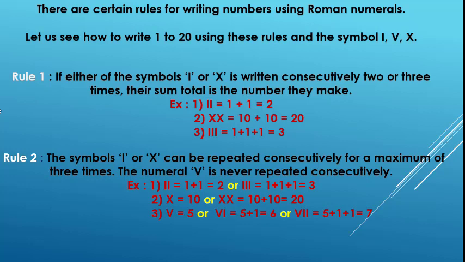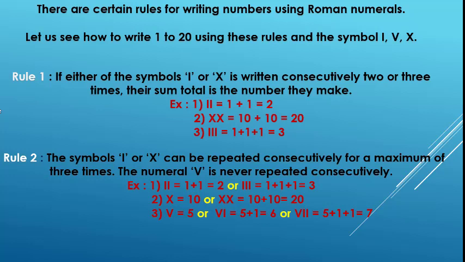Third example, V, which is equal to 5, because the value of V is 5. Or VI, which means we have to add it. Value of V is 5 plus value of I is 1. 5 plus 1 is 6.